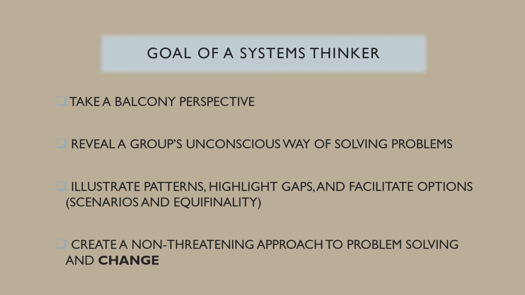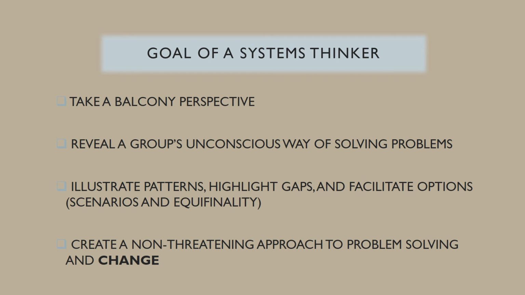A systems thinker is also really good at revealing the group's unconscious way of solving problems. And that's where that iceberg model comes into place. A good systems thinker can really drive down into understanding those patterns of behavior, the systems and structures in an organization that are serving as barriers, and then uncovering those deeply held mental models that people have in the organization about why things are the way they are.